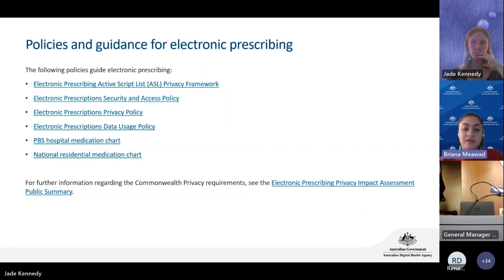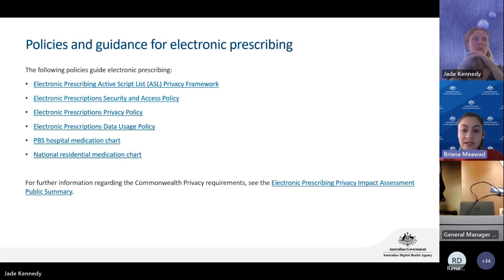So we've listed a few of them on the screen there, but the thing that I'll probably just highlight is the first two. So your electronic prescribing active script list privacy framework. So if your organisation hasn't seen that or shared that with the clinicians that are prescribing, that might be useful. And the second one there, the electronic prescription security and access policy.